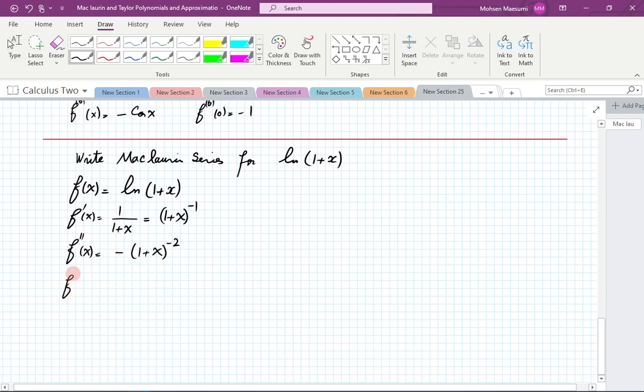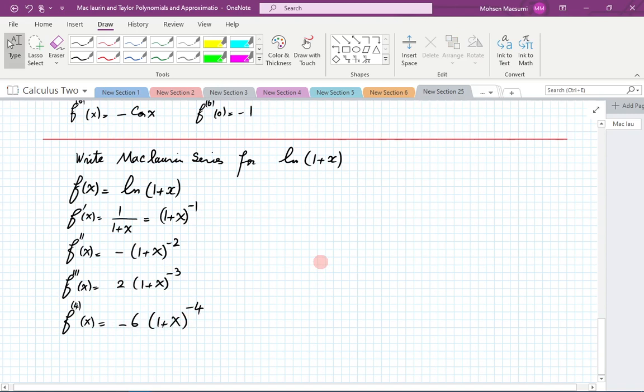How about the third derivative? Well, third derivative, minus 2 times minus 1 becomes a 2. And then what happens to our exponent? Goes down, so it becomes minus 3. How about the fourth derivative? So fourth derivative, 2 times minus 3 is minus 6 times 1 plus x to power of minus 4.